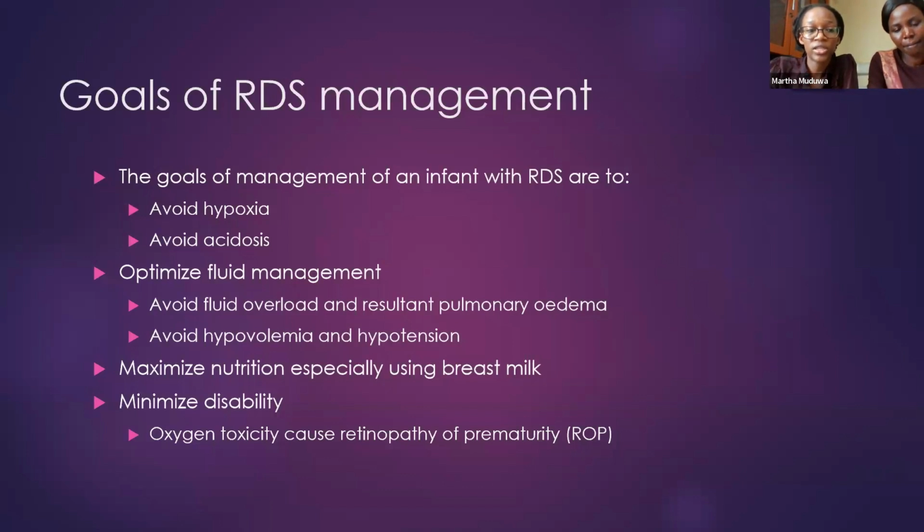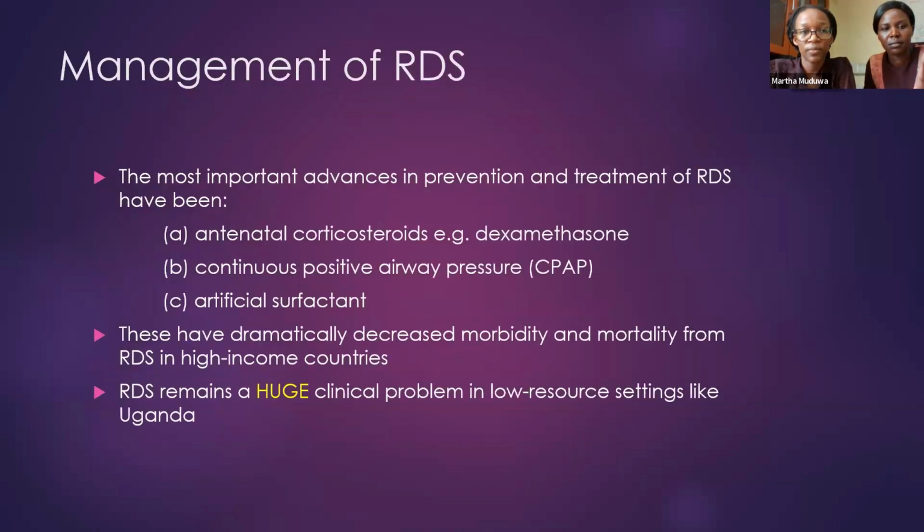So the earlier you start to feed, the better your chances of recovery. Then also to minimize disability. So we do not want to save so many babies only for them to be blind because of retinopathy of prematurity. So minimizing disability is a very, very big part in the management of RDS because of some other reasons that we'll mention down the presentation.